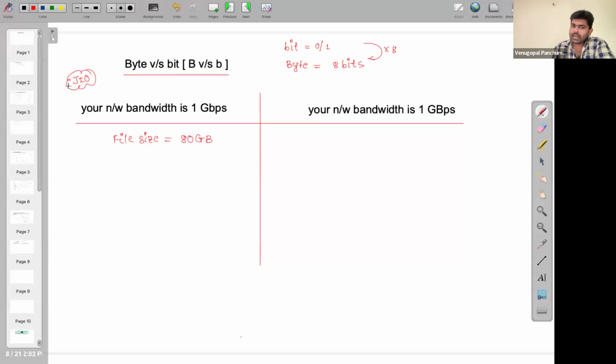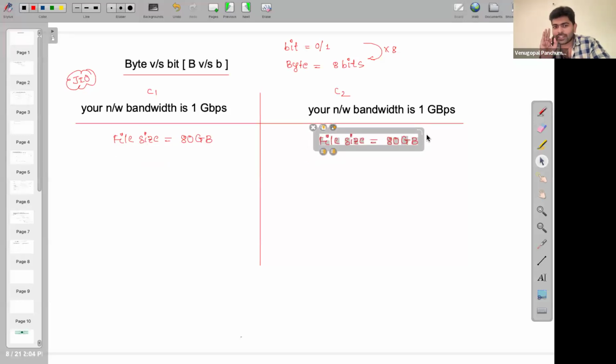Let's say this is connection 1 and this is connection 2. Both cases file size is 80 GB. You have taken a connection where you get 1 gigabyte per second. Now let's calculate how much time it is going to take to download.